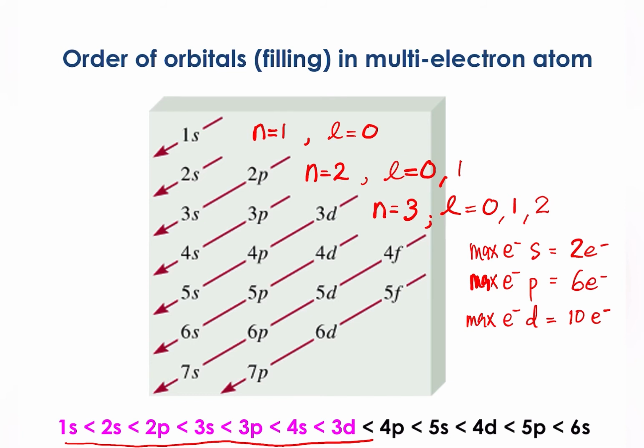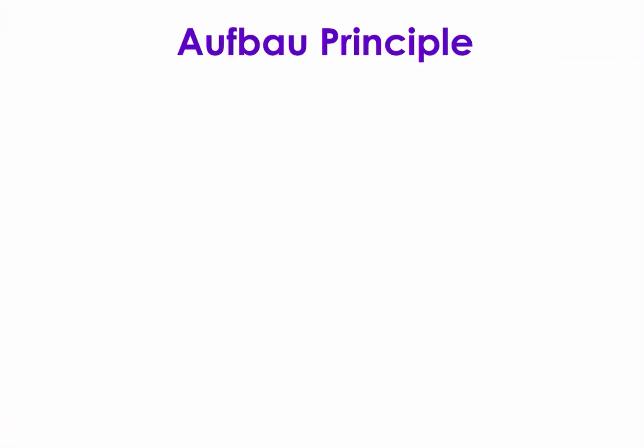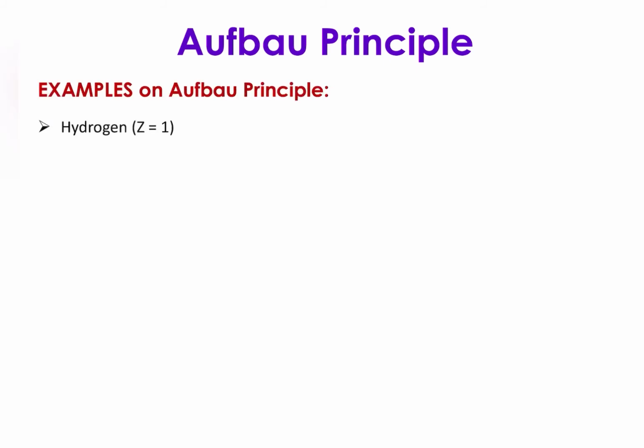Okay, now we go to the next part di mana kita ada contoh untuk awak apply apa yang saya ajar dalam slide previous. So, when we have hydrogen, I have 1 proton number. So, it's going to be 1 electron. So, how I want to write down my electronic configuration based on Aufbau Principle.